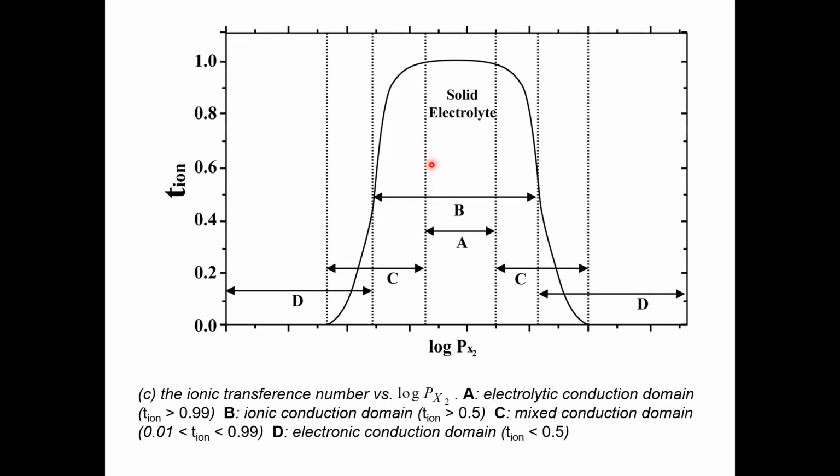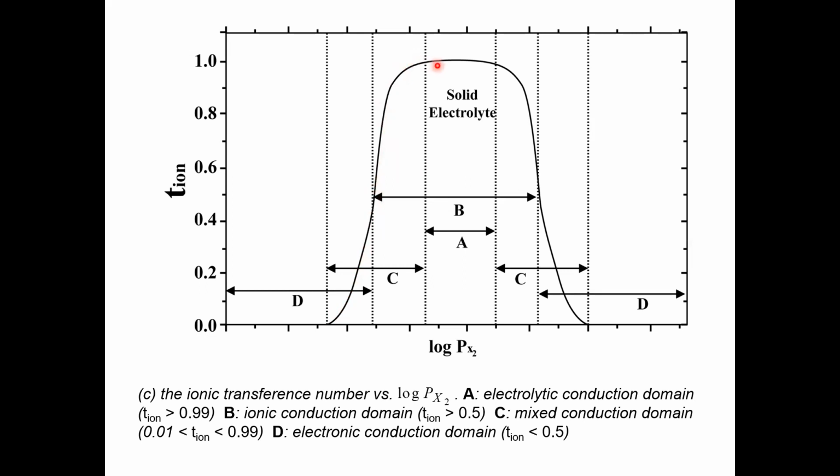And in stabilized zirconia, for example, if you plot the ionic transference number at very low PO2, you get electronic conduction. So the ionic transference number is going to be 0. And it moves through the mixed ionic electronic regime. So you can see that now the ionic transference number will keep on increasing.